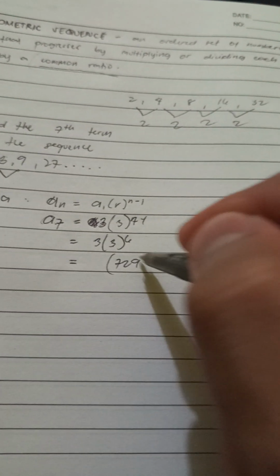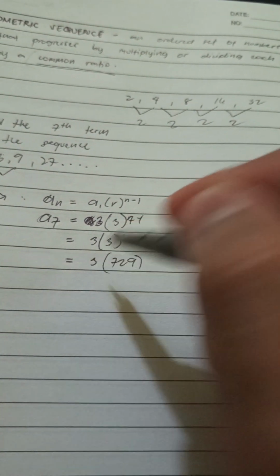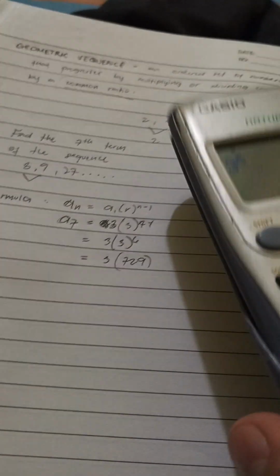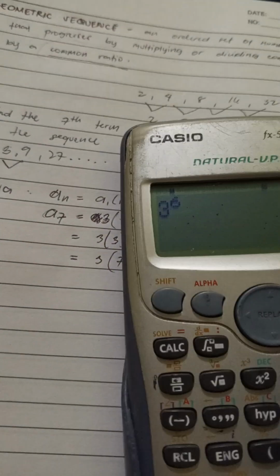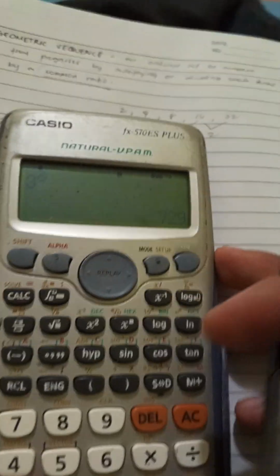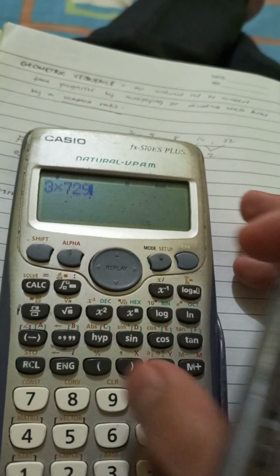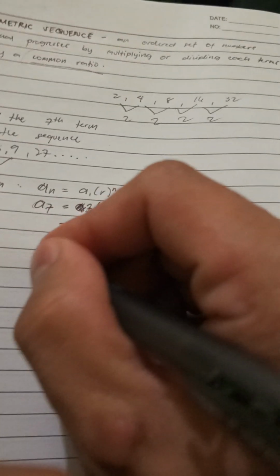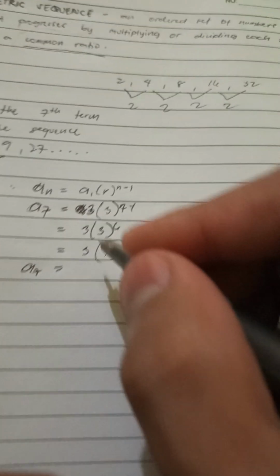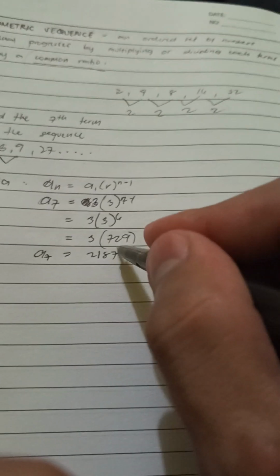Then 3 times 729 is 2187. So our final answer is 2187. That's our answer.